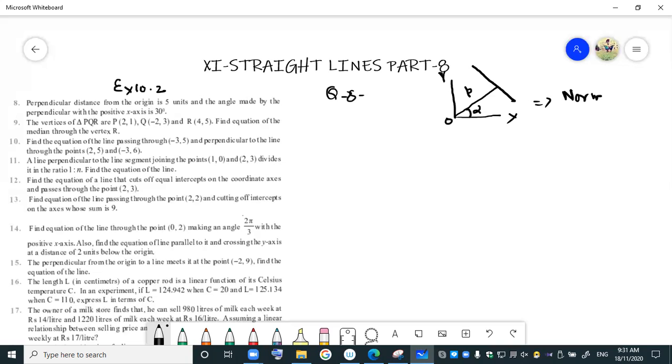So the normal form of the equation, we studied, is x cos alpha plus y sin alpha is equal to p.